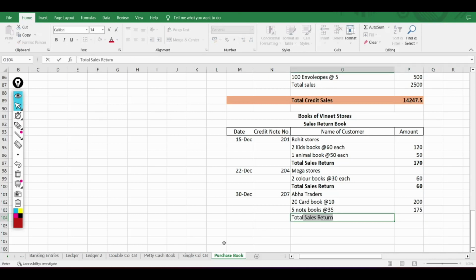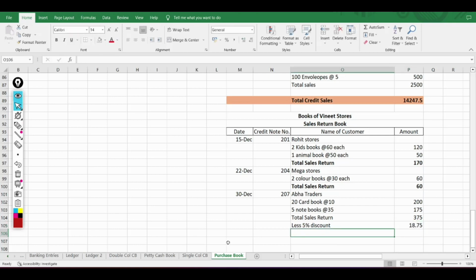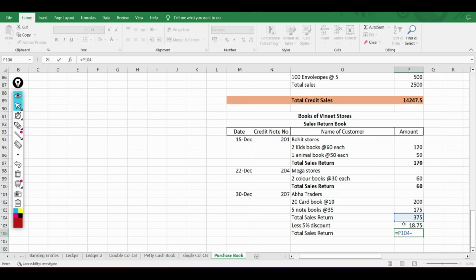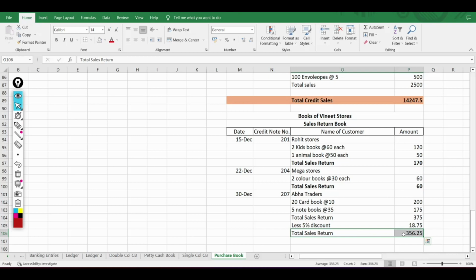Total here is 375, but here less 5% discount on total, that is 375 into 5%, 18.75 rupees. So here total sales returns will be 375 minus 18.75 discount, that is 356.25. Sales returns from Abha stores is 356.25.